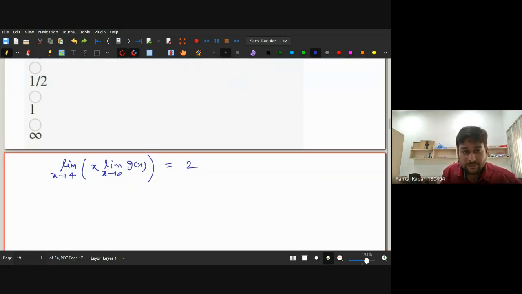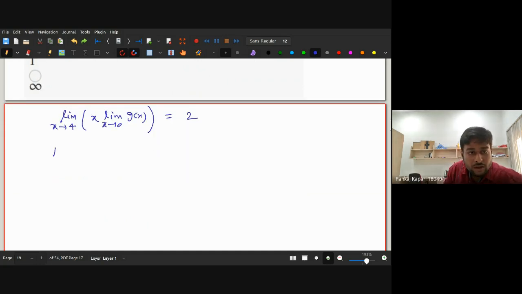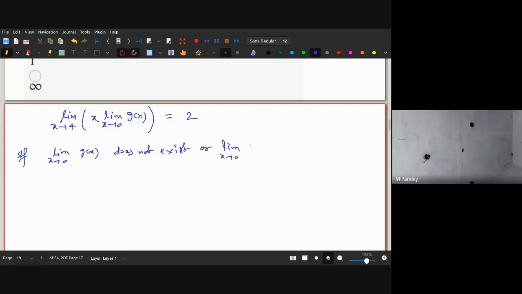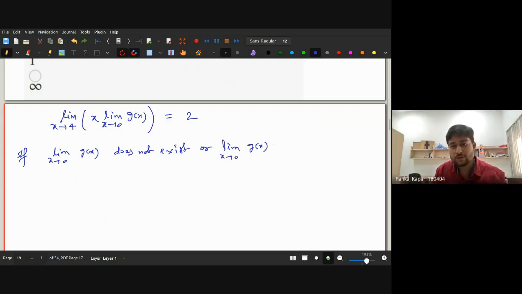You can see that if this limit as x goes to 0 of g(x) does not exist, or exists but is infinite, which we also say basically doesn't exist, let's say this limit does not belong to R. It's not a real number.